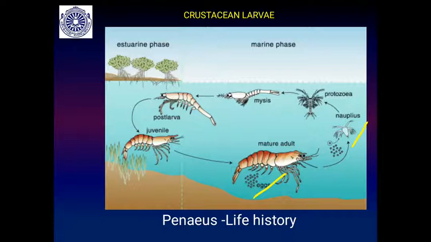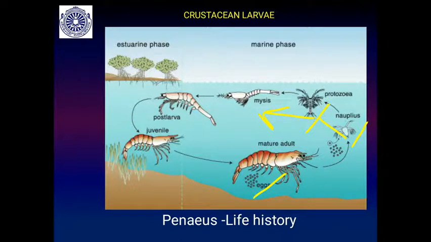It undergoes molting and gives rise to the next larval stage, protozoea. In between there is growth. This protozoea grows and undergoes molting, giving rise to zoea, then mysis. This is the life cycle of the marine prawn, and you can see 4 to 5 larval stages.